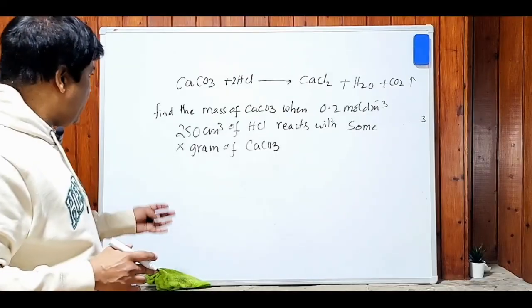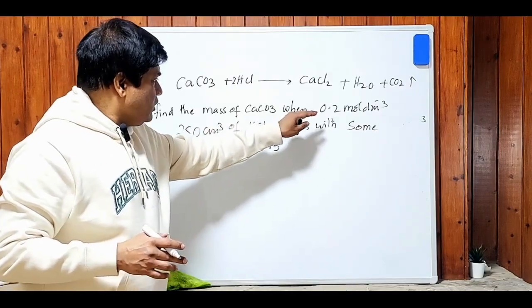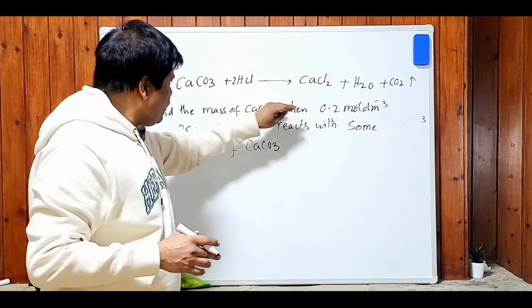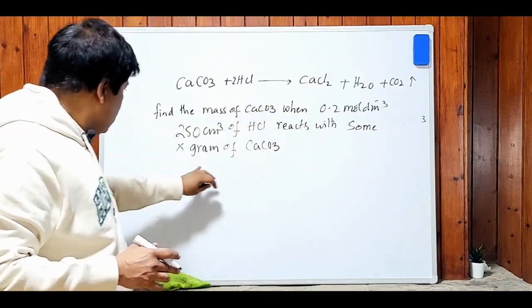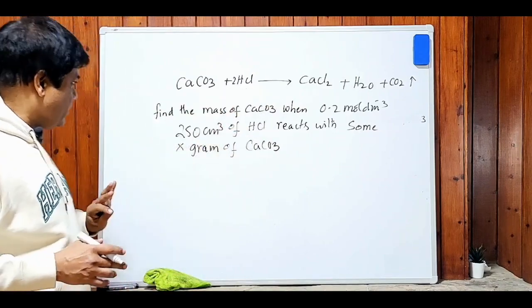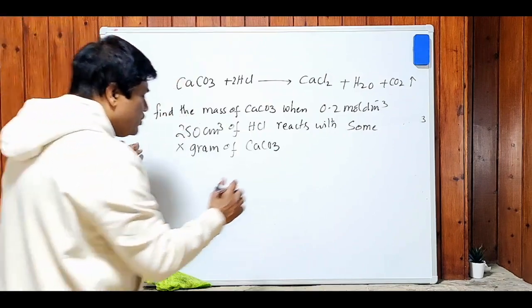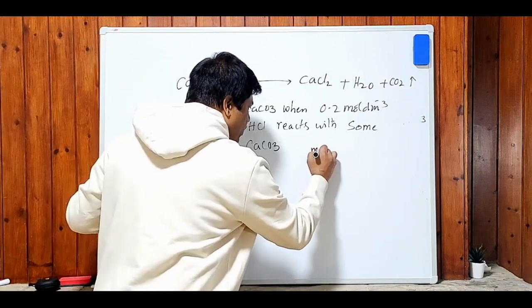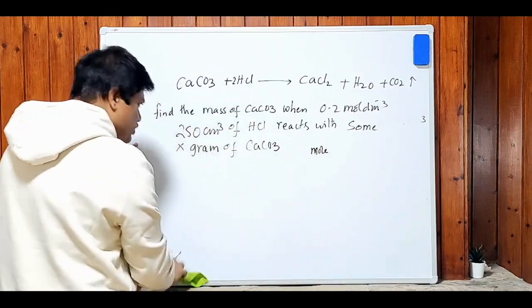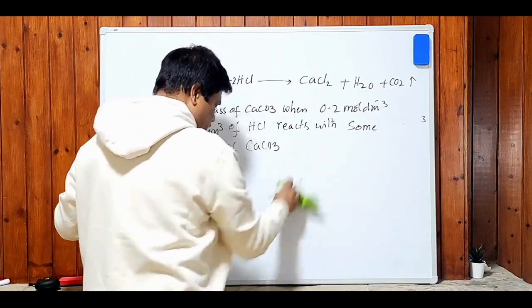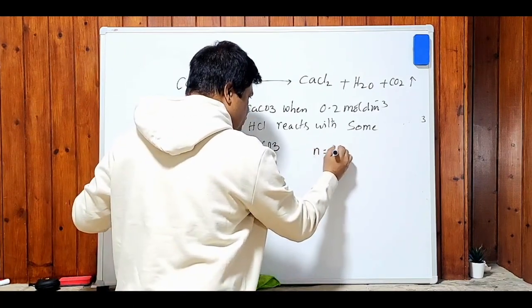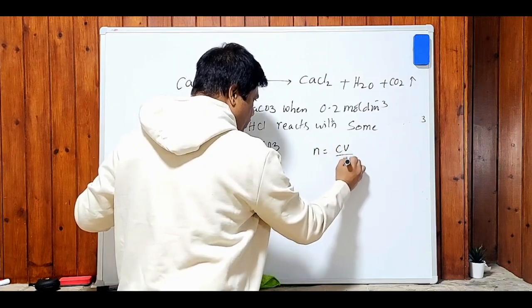Now look at this: the concentration of hydrochloric acid is given and the volume of hydrochloric acid is given. Can we work out the mole of HCl? Yes, why not? So mole, or n, instead of mole use n. I showed you just now, n equals C times V over 1000.